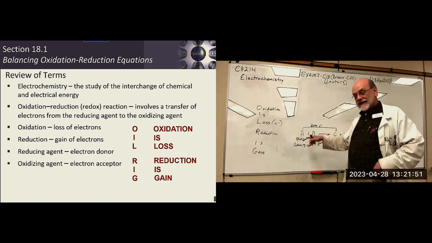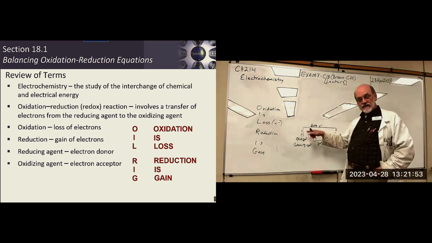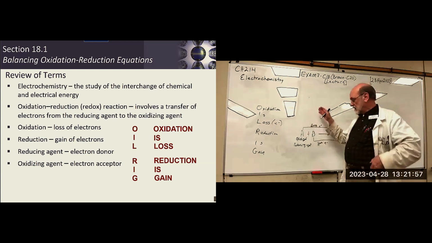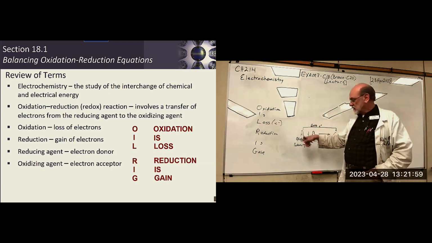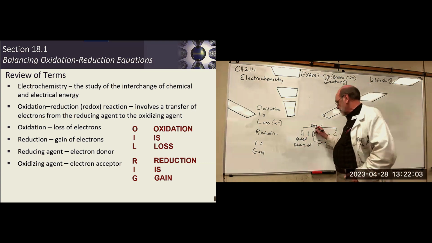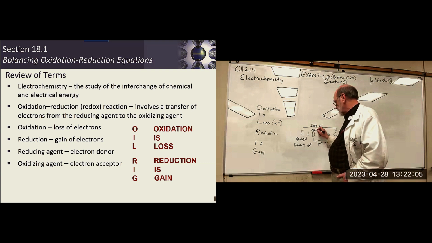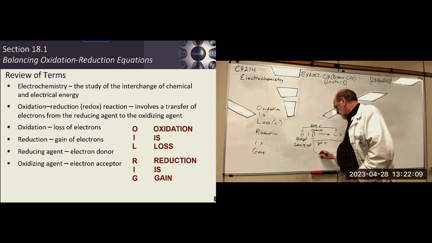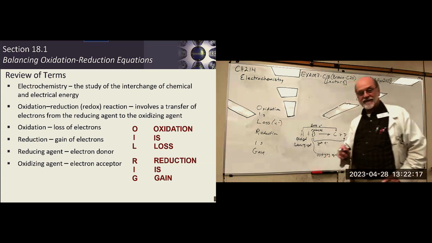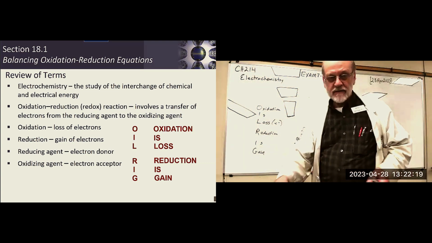In other words, the oxidation of this atom or molecule is responsible for reducing this one. So if this one is reduced, then it also must be an oxidizing agent. Okay, terminology.